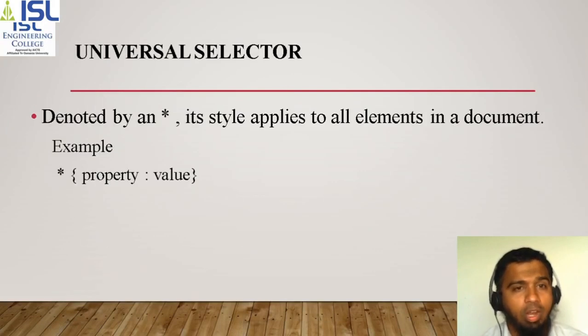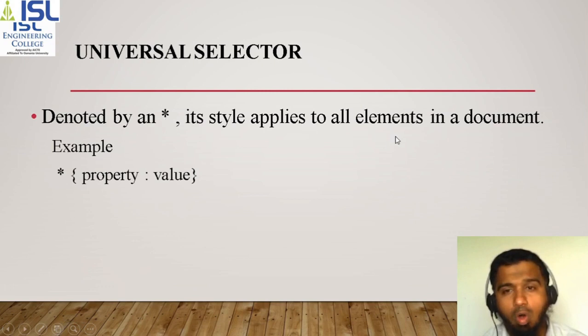Next one is the universal selector. The universal selector is denoted by a star. Its style applies to all elements in a document. So this is about the star.